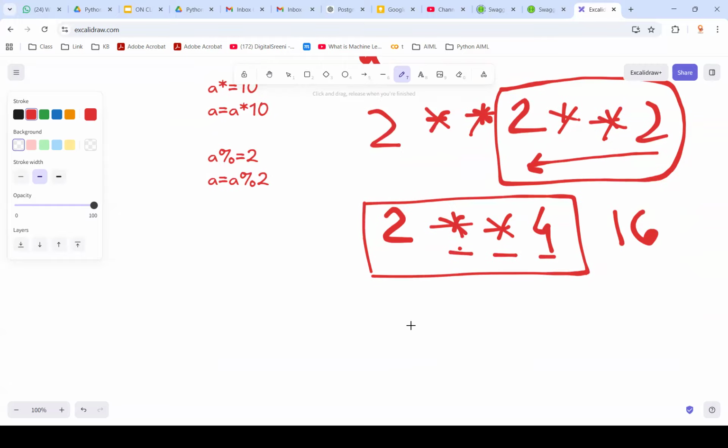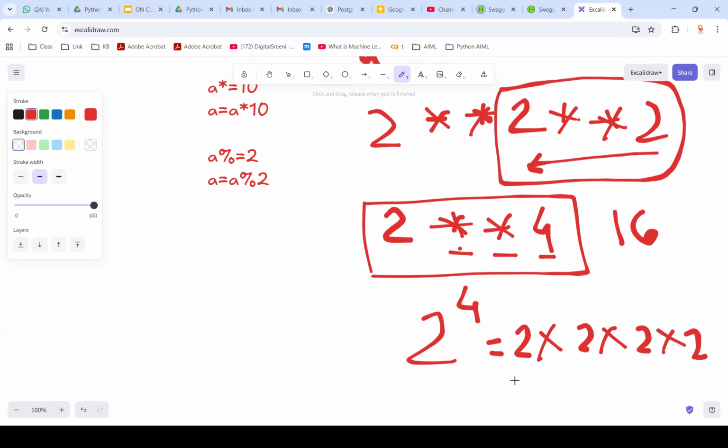What is the meaning of this? The meaning of this is 2 power 4. And what is the value of 2 power 4? 2 into 2 into 2 into 2. 2 2s are 4, 4 2s are 8, 8 2s are 16.